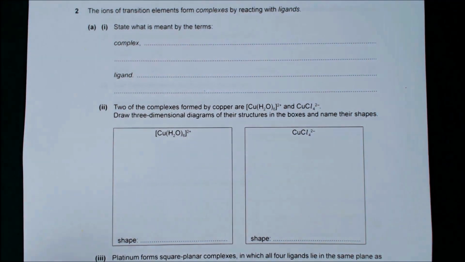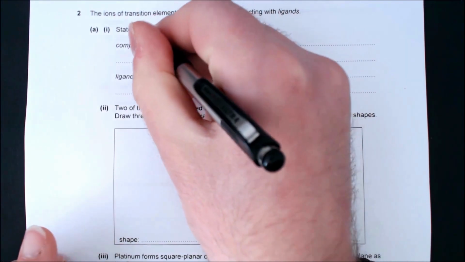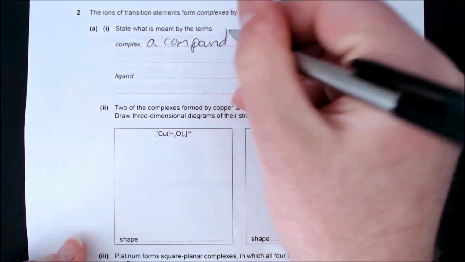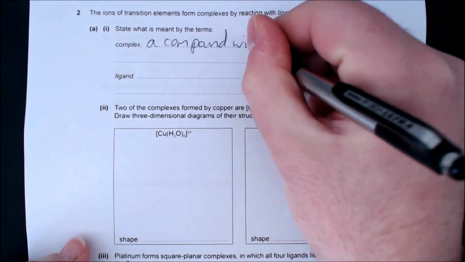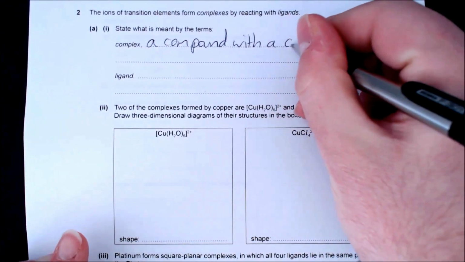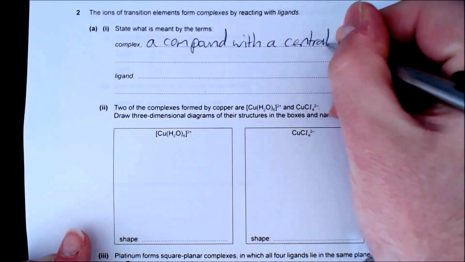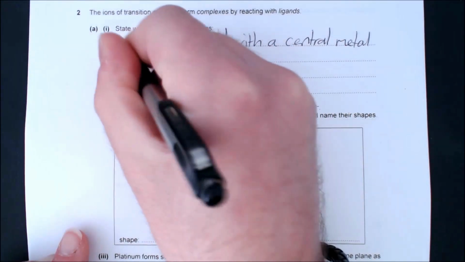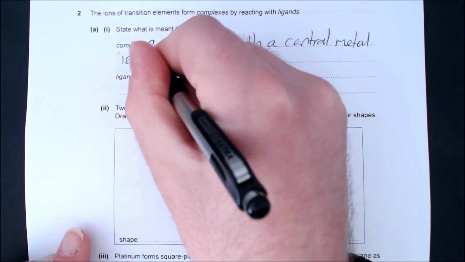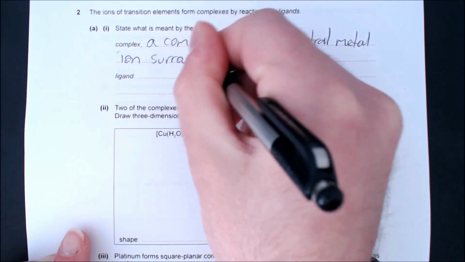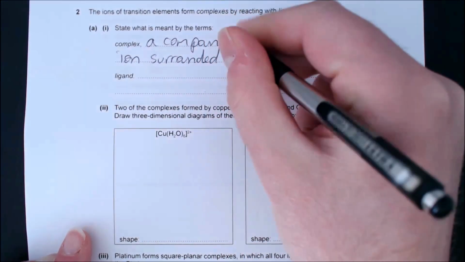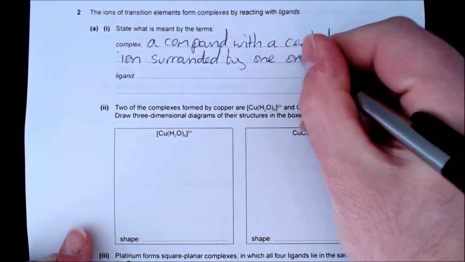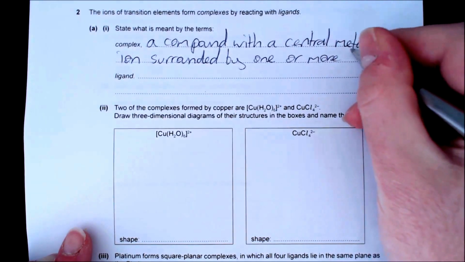So right, let's write this down. So we have, let's put this down here. So this is a compound with a central metal ion surrounded by one or more ligands.